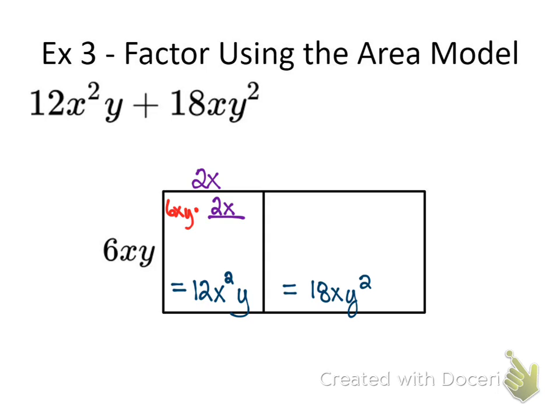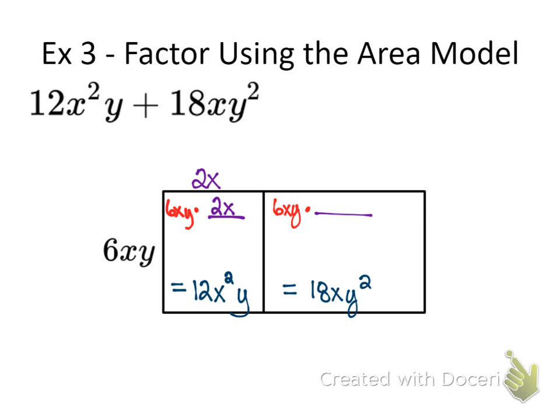Now let's find out my information for this next rectangle. Do I know the height of this rectangle? Yes, because the height of this rectangle is the same as this one, which is 6x. Okay, so now I need to find the length, right? I don't know what the length is.